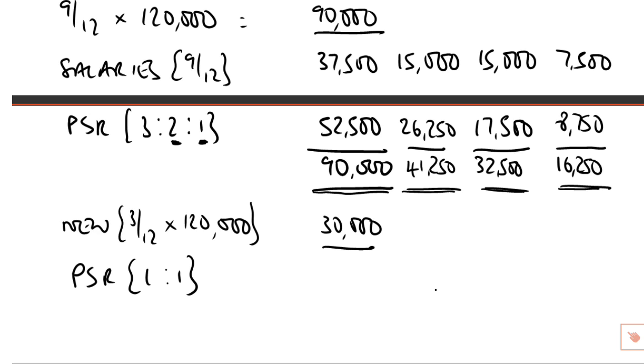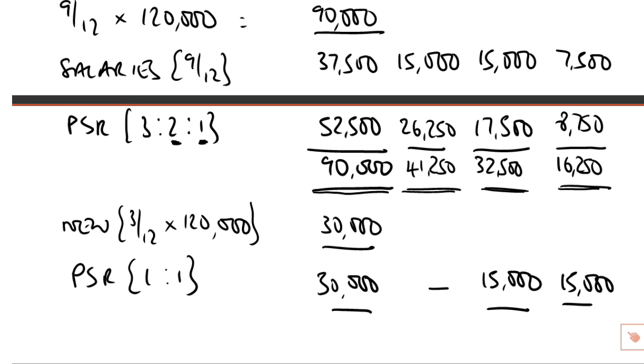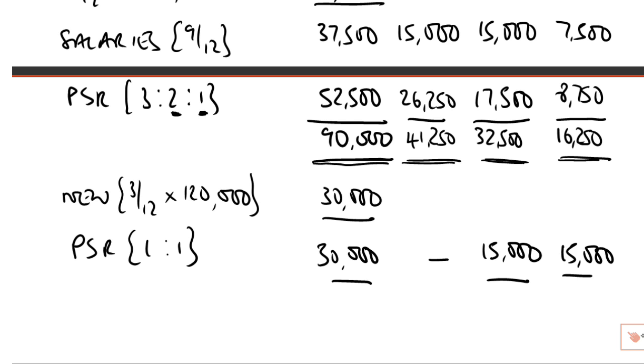What we know, of course, is that by this point in time A has left the partnership, so there's nothing for him, and the 30,000 being divided 1 to 1 will be a credit of 15,000 to V, and the same 15,000 to FC. What therefore does that give us? A hasn't changed, he's still got his 41,250. 15 on to 32,500 is what?